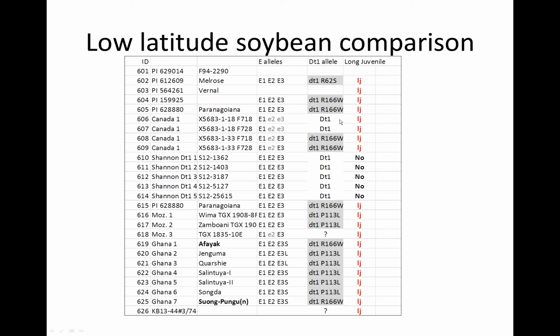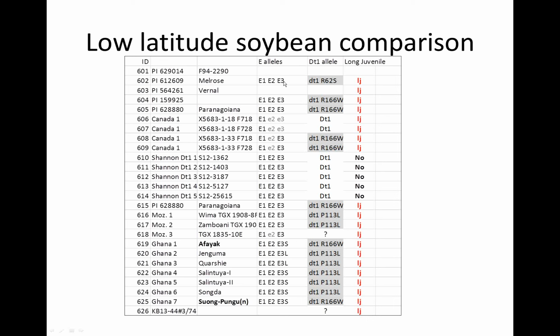And then a series of lines from Elroy Cober's work, determinate or indeterminate, that have the long juvenile gene brought in from this parent, Paranagoiana. And then Dr. James may see his Melrose line here.